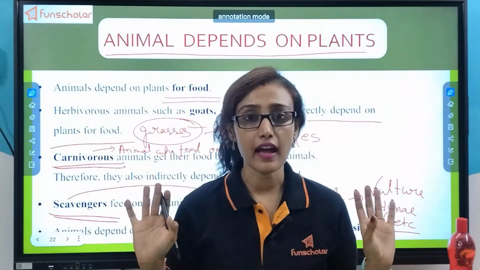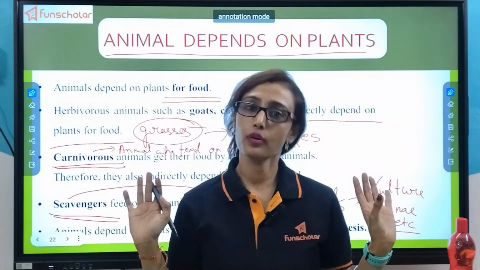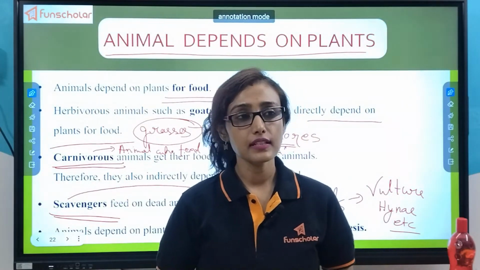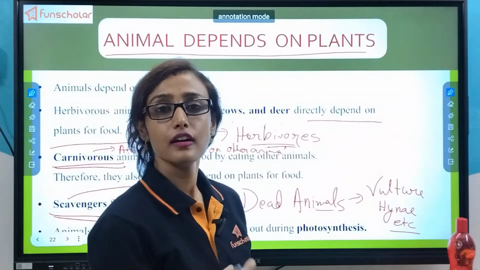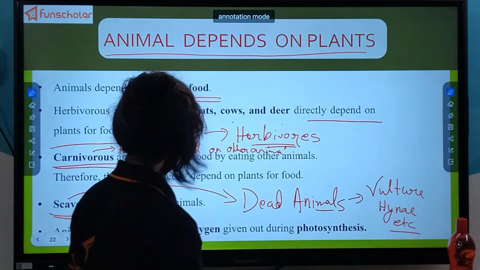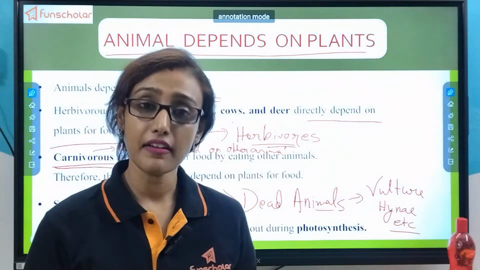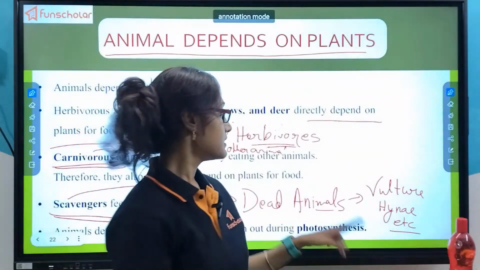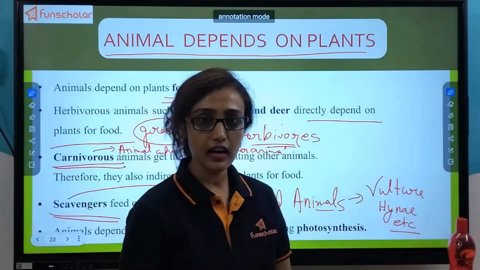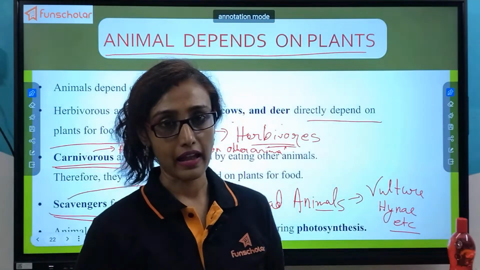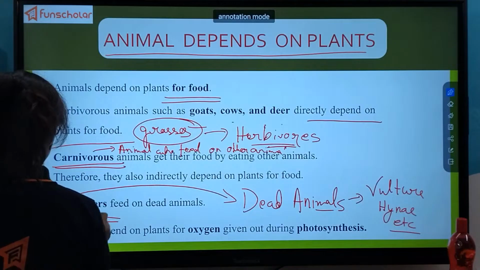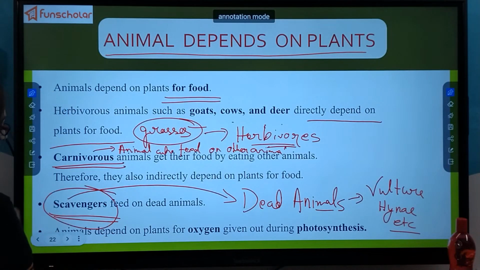He will never attack you till you die. Okay? So after the dead remains of the animals are left by other animals, these vultures, hyenas, etc. do come and eat those animals. So they act as nature's cleaner.